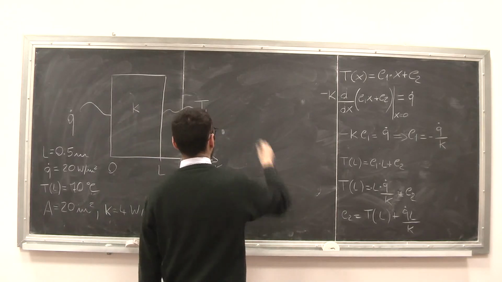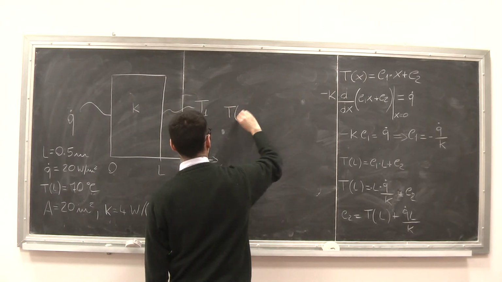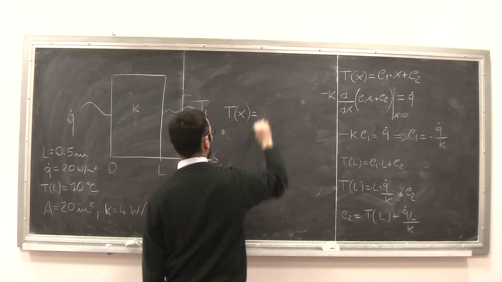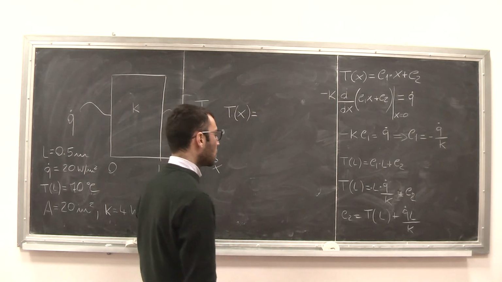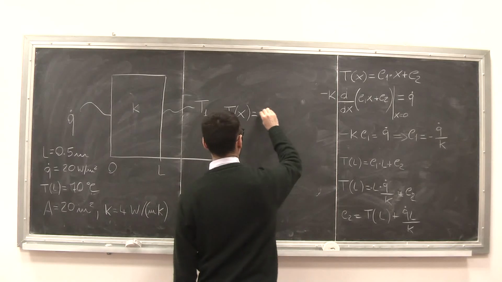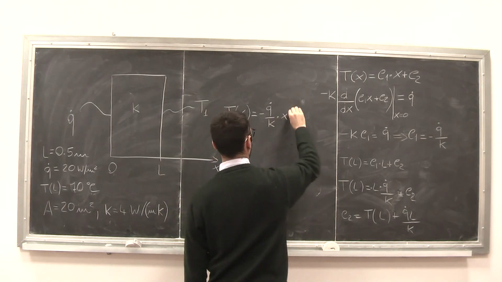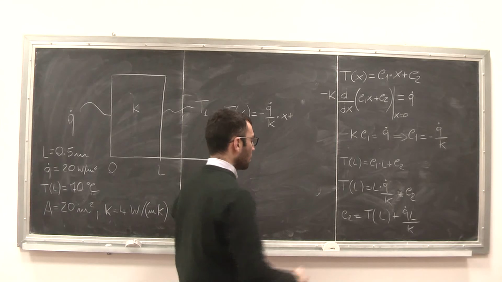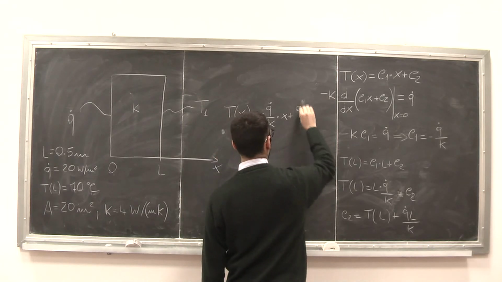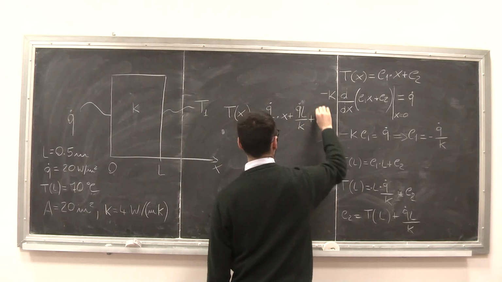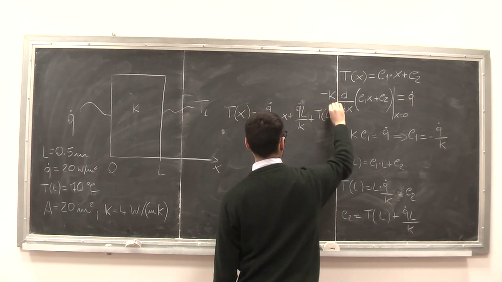We have that T of x is equal to minus Q dot divided by k times x plus Q dot times L divided by k plus T in L.